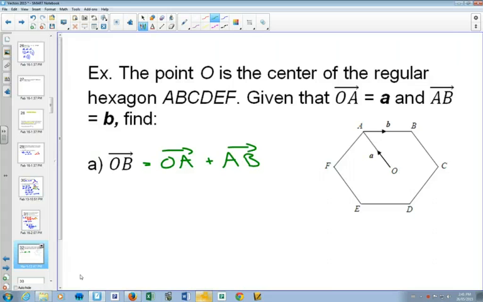You could get from O to B by going from O to A and then going from A to B. So that would just be vector A plus vector B.